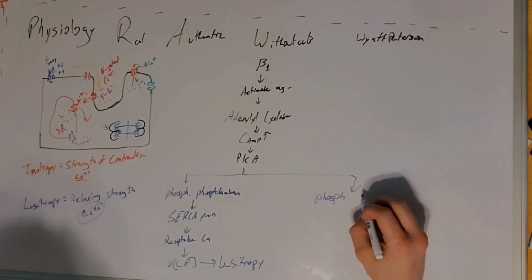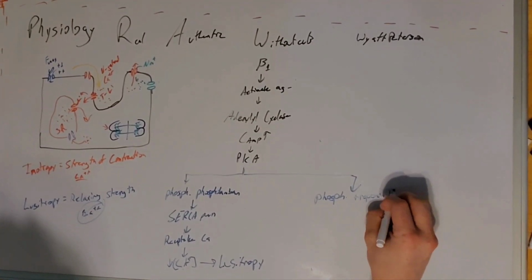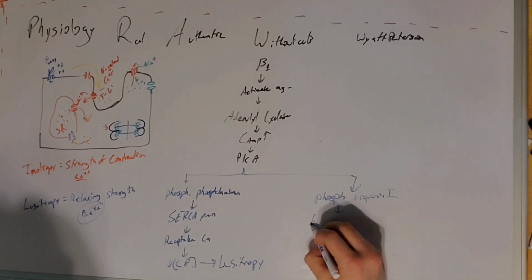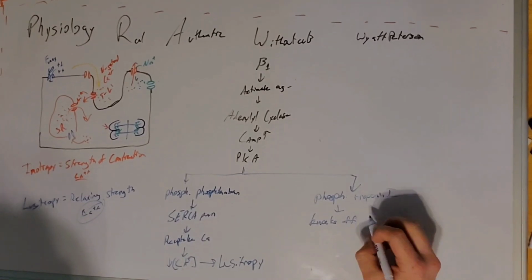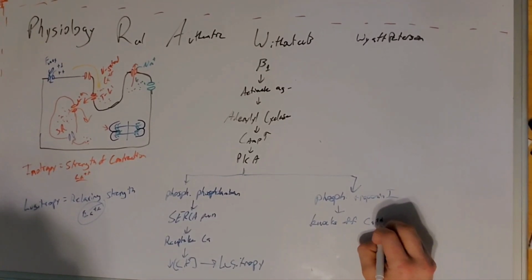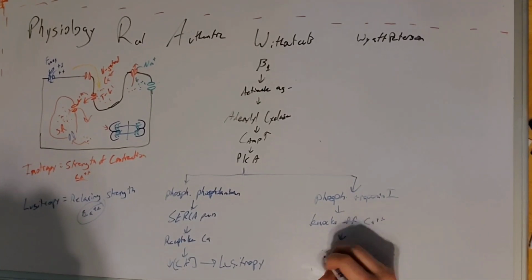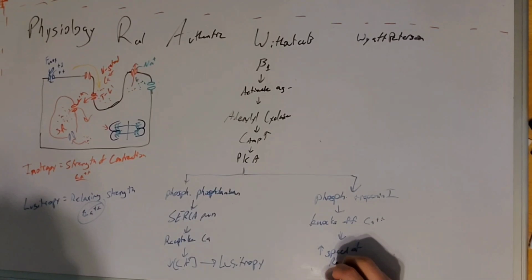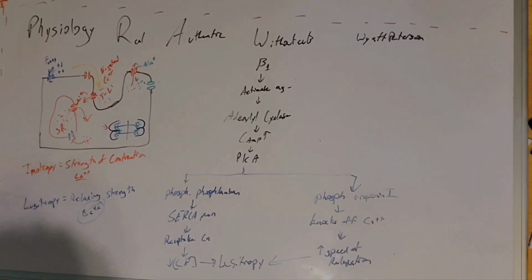So let's go phosphorylate troponin I, which knocks off that calcium, and then that will increase the speed of relaxation, which is again the lusitropy effect.